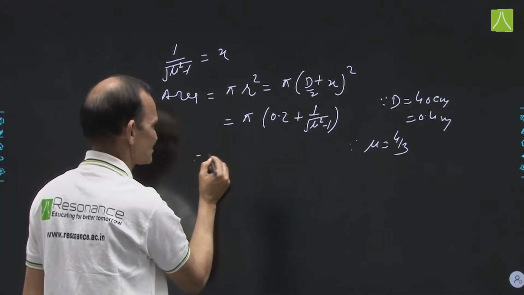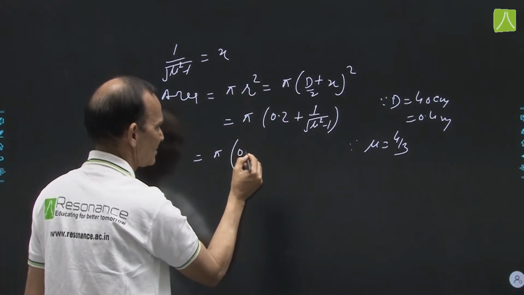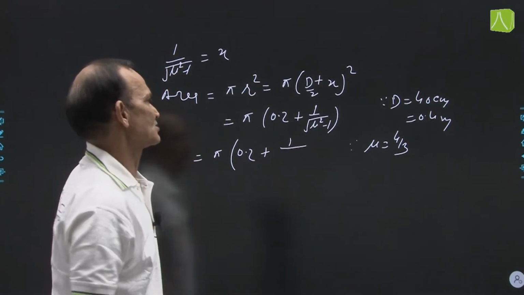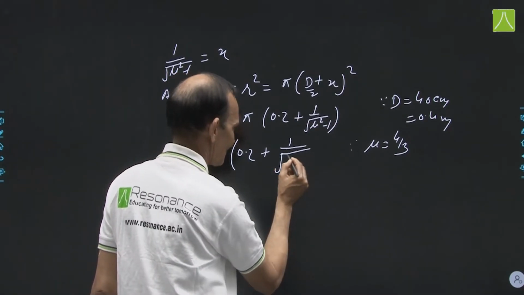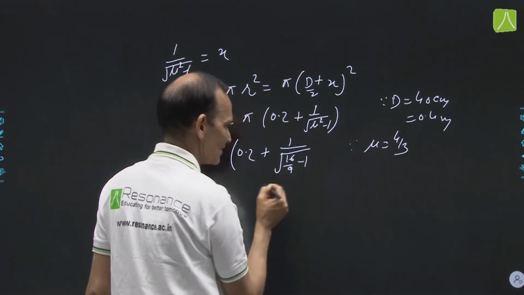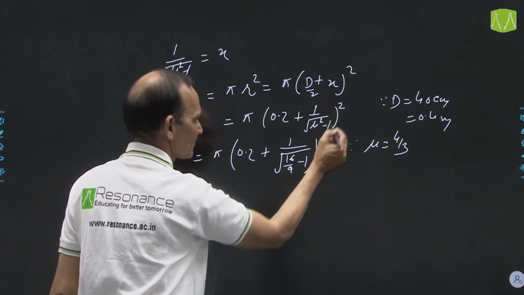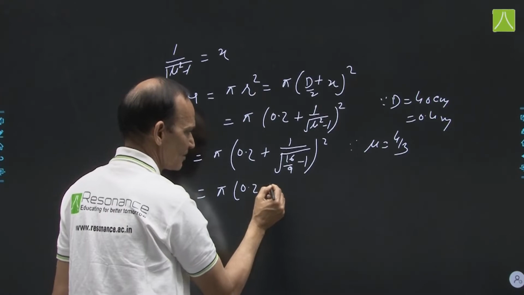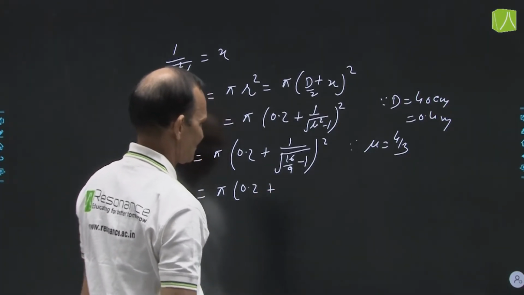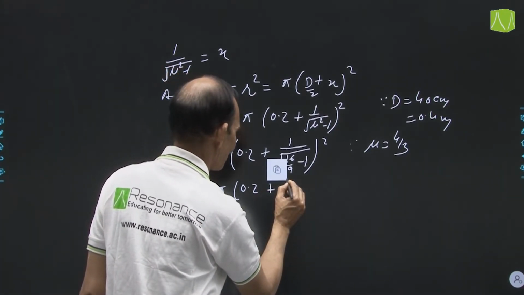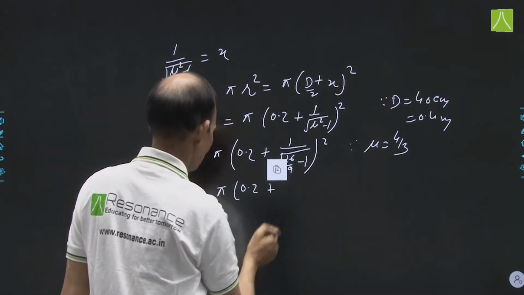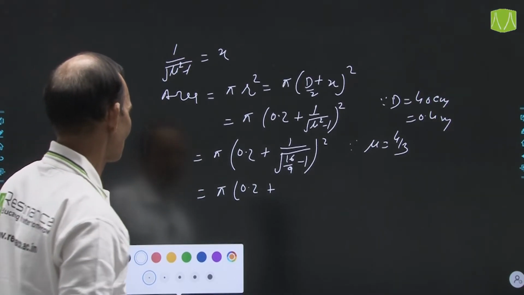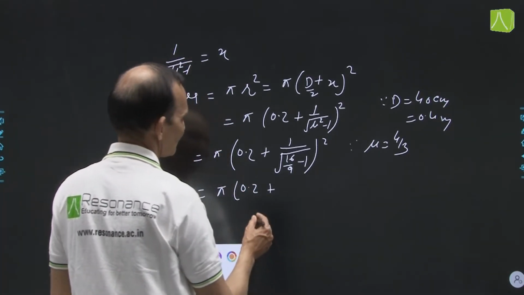Put the values: pi into 0.2 plus 1 upon root of 16 by 9 minus 1, whole square. Solve it and find the area. Pi into 0.2 plus, 16 minus 9 is 7, so x upon h is 1 upon root 7 by 3.